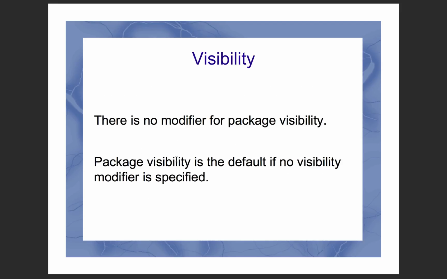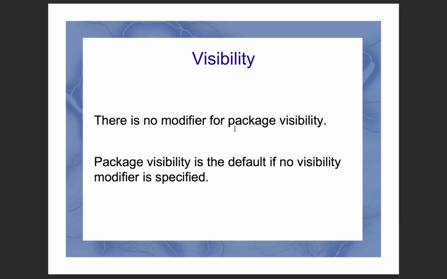You don't need to specify any modifier for package visibility. For example, you need to write public to make something public, public some class name, then some data member name. If you want to create private data fields, you write private, then the data field, or private some class name.